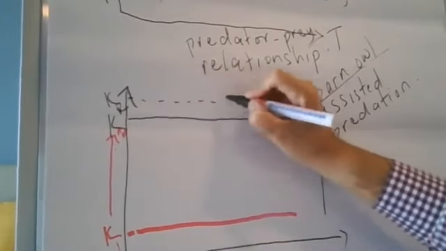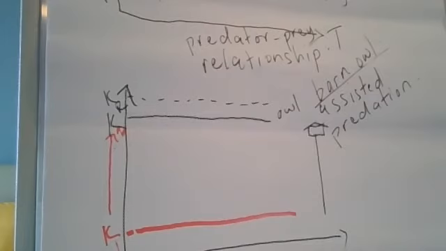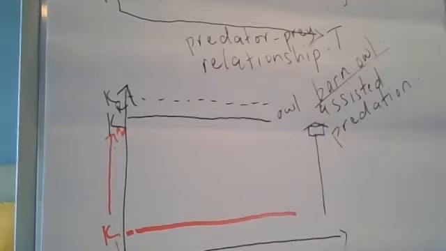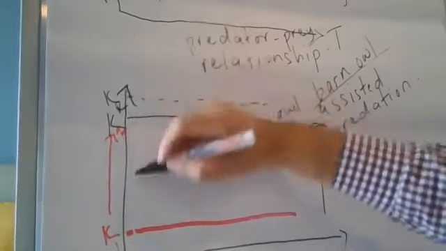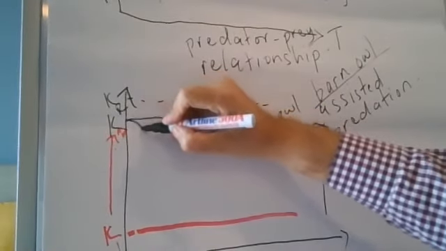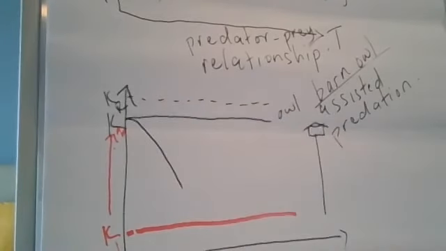This is the original K for the rat population in the absence of the owl. Now, in the presence of the owl, and the population is boosted so much, what happened? You will see the rat population will decline steeply as a result of the predation of the owl.